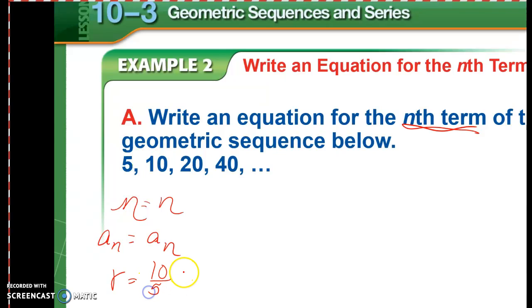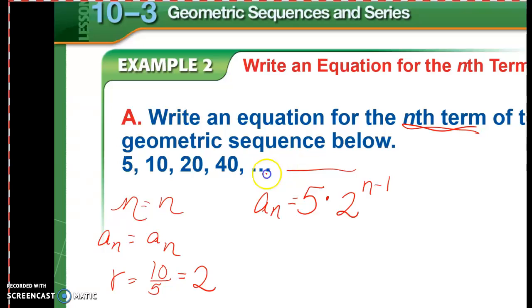So we could do 10 divided by 5, which is 2. And a1 is 5. So I have a sub n equals my a1, 5, times my r, 2, to the n minus 1. And again, we cannot multiply that 5 and 2, so that's just it, there's our nth term equation.